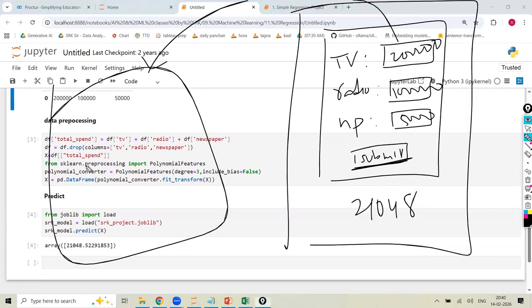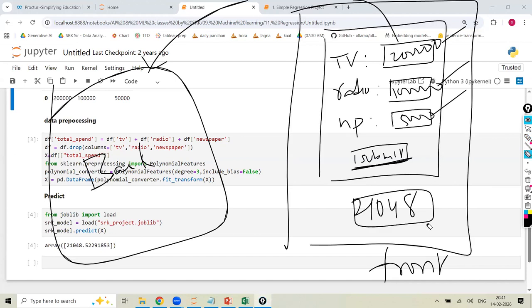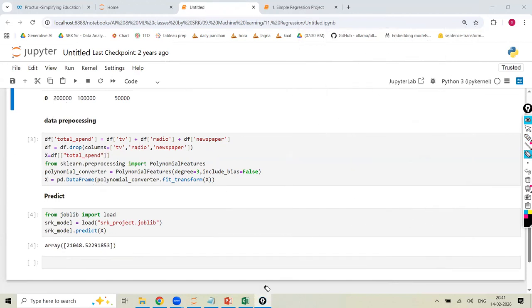This code is the back end. In the front end, the app or website you are going to create, the user will just enter the details and click on the submit button. How you got this output means this output is generated based on the backend code. Clear, guys? Understood?